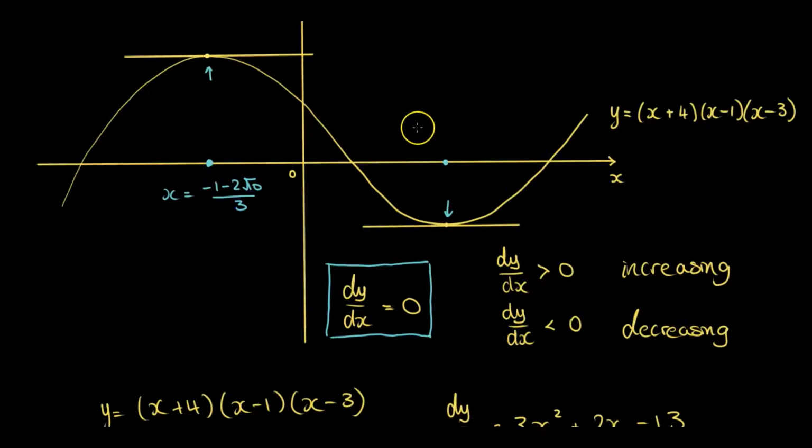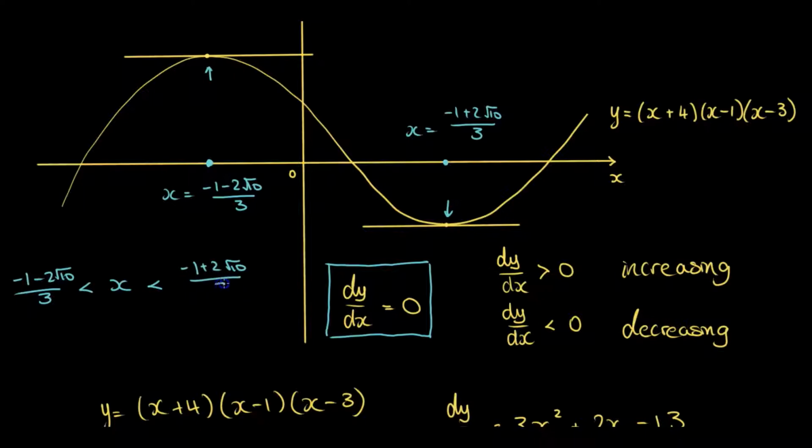And this one over here is going to be x is equal to minus 1 plus 2 root 10 over 3. And what we can say is that the function is decreasing when x is greater than this left-hand value and when x is less than this right-hand value.